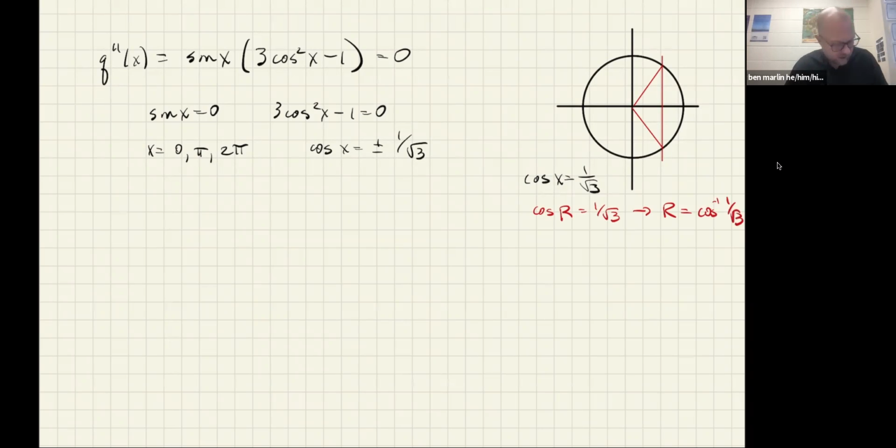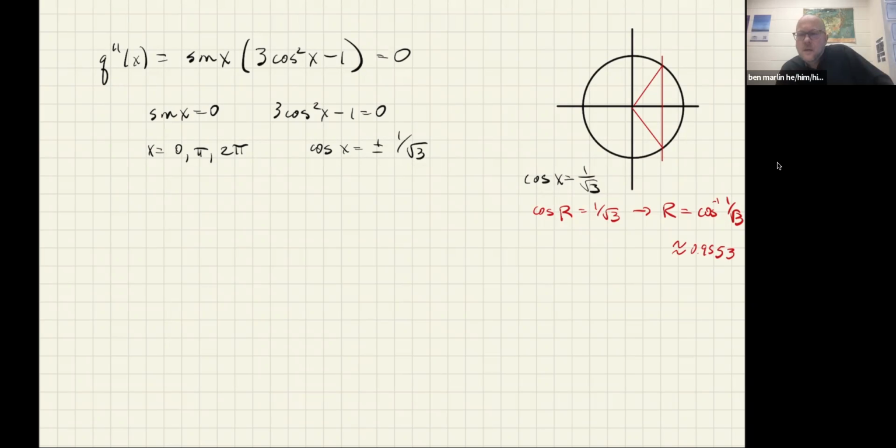I happen to have a calculator beside me today, and check to make sure it's in radians mode. And inverse cosine of 1 divided by square root of 3 is about 0.955. Okay, actually 0.9553. When you're doing these, don't round to just 2 digits, okay?